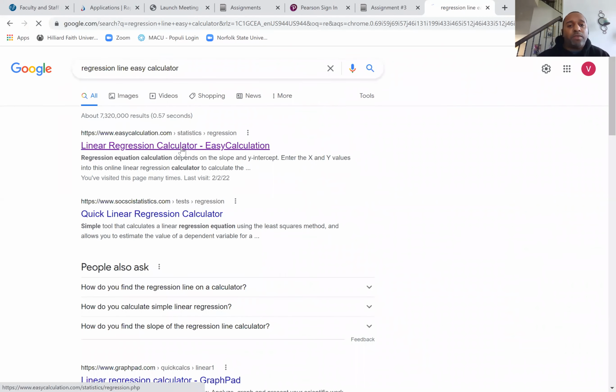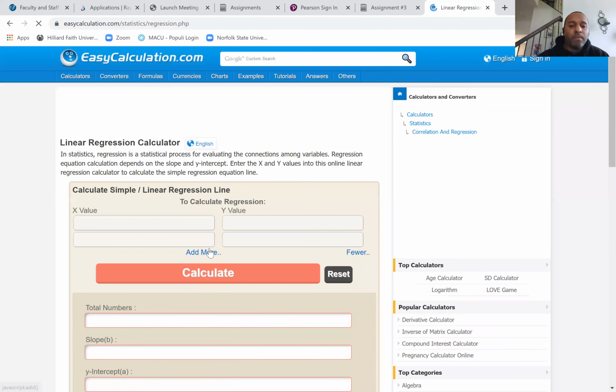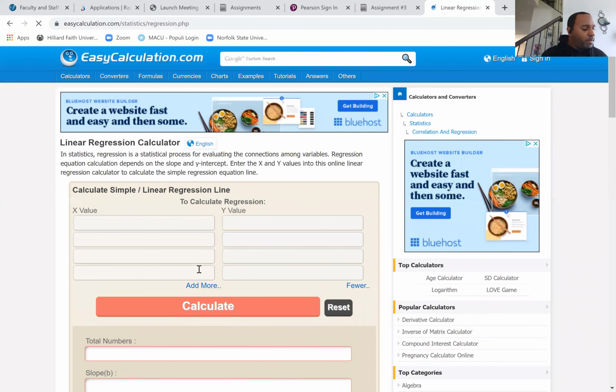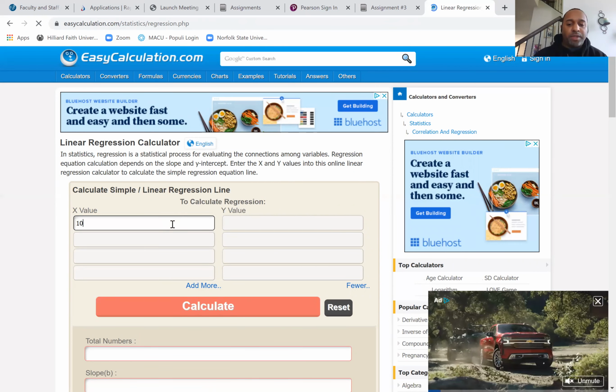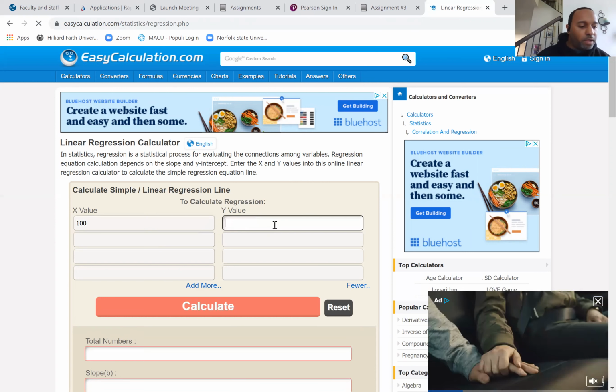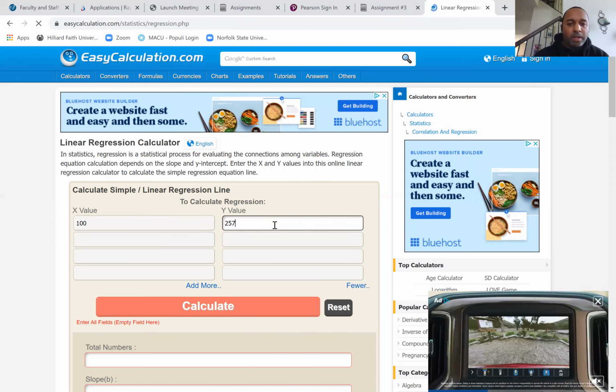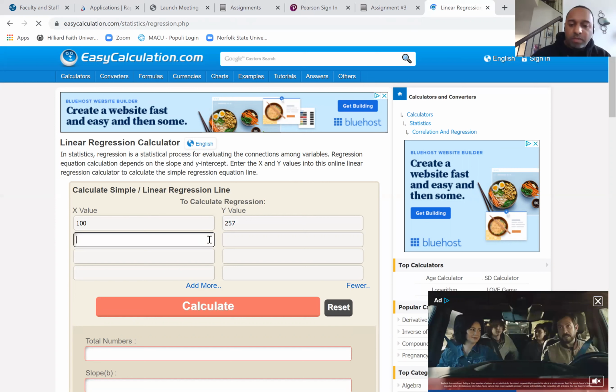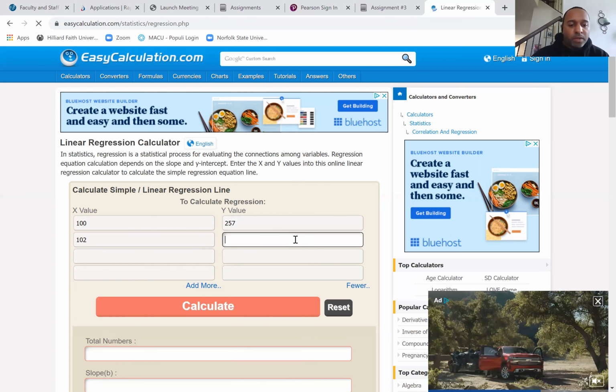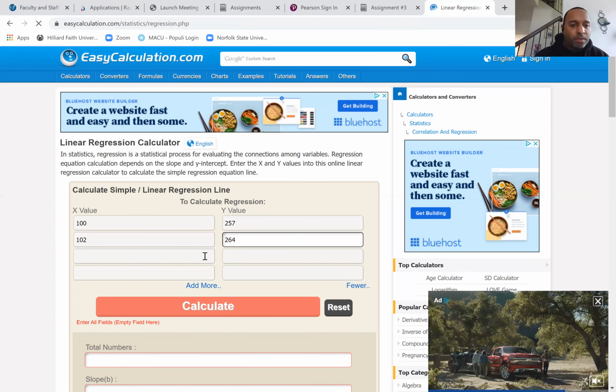The first one is what comes up. And from there, I should have left my values in from last class. So we got 100. Just want to show you guys how the values will look once we get them. 102, 265.